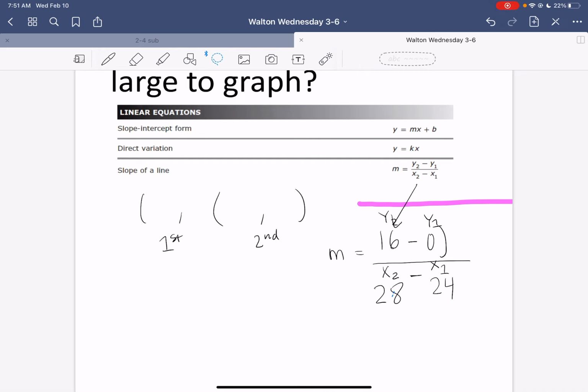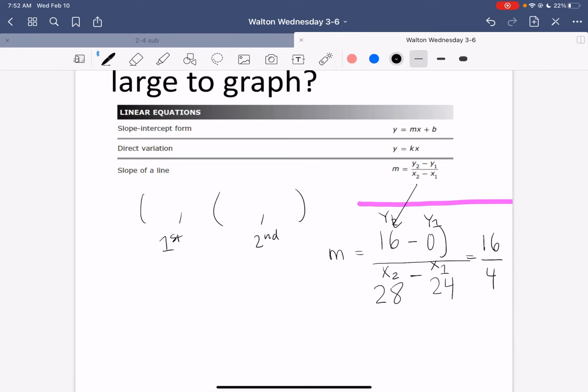So what I just did there is I took my first and second coordinate pairs, and now from there, what you can do is just put it right in your calculator, or in this case, you probably don't even need to. So what we're going to do is just simplify our fraction. So 16 minus 0 is 16. And then 28 minus 24 is just 4.